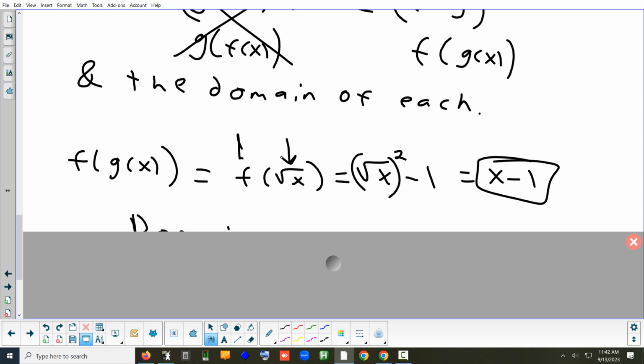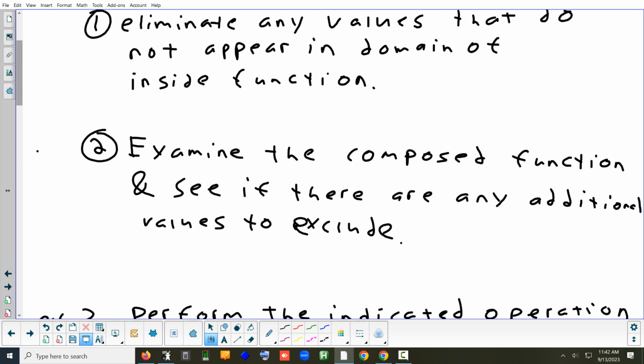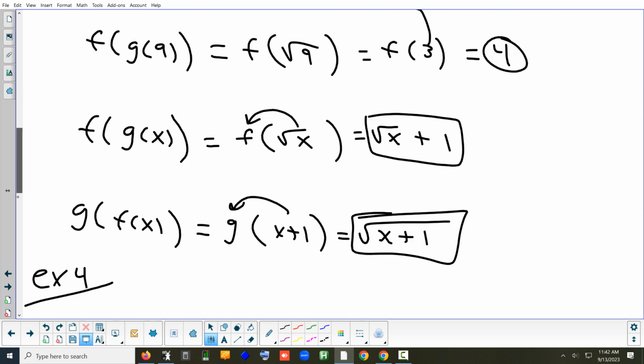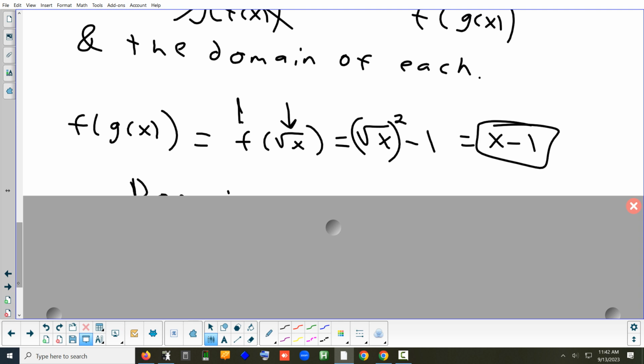Now look at the final answer. Is there anything you can't subtract 1 from? No. So there is no additional restriction that comes from this. The only restriction on the domain here comes from the original inside function, which is limited to numbers 0 and up.